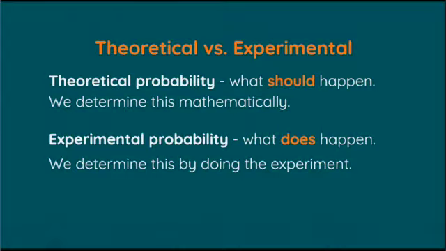That is just the theoretical probability, how we can determine that mathematically. It might be that you roll a 2 every single time that you roll the dice. It might be that you never roll a 2 when you roll the dice. That would be the experimental probability, what actually takes place.